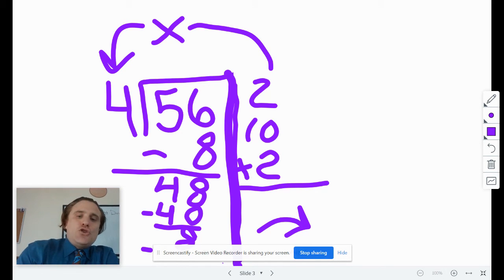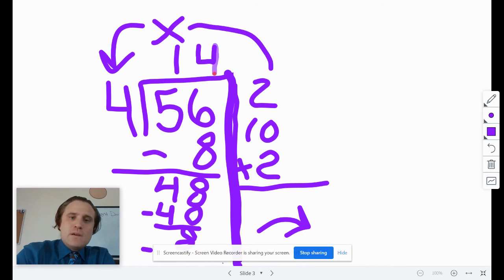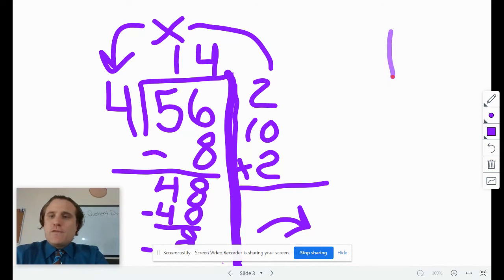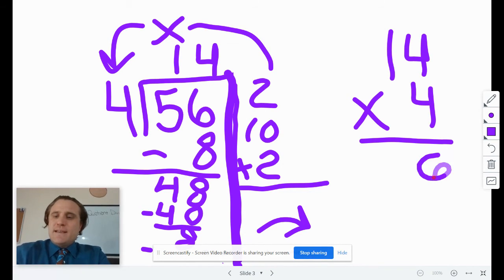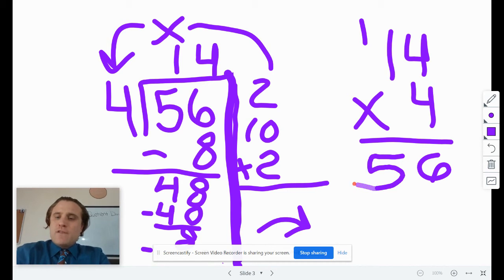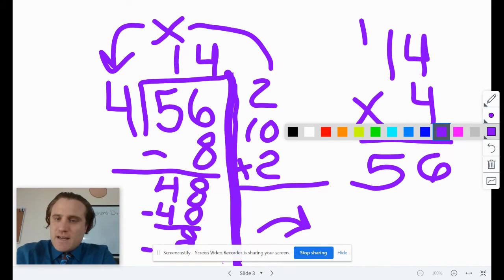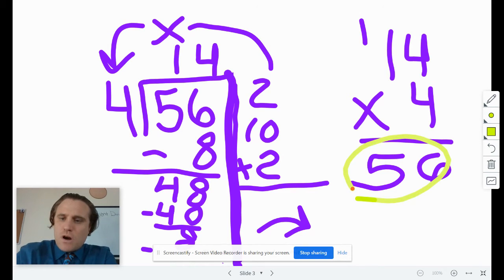That's 2 plus 10 plus 2. That's 14. Now we can check with multiplication. 14 times 4. 4 times 4 is 16. And then 4 times 1 is 4, plus that extra 10. And we have 56. You can see that it works.